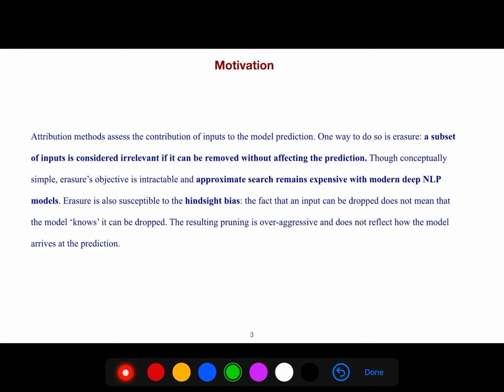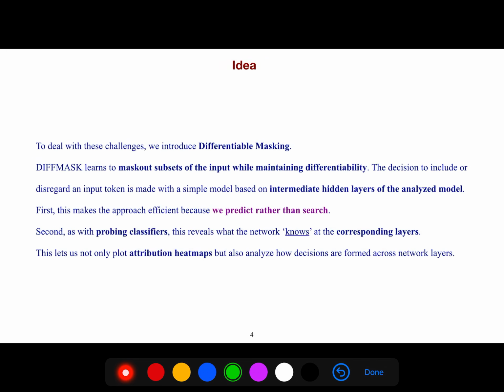Eraser is also susceptible to hindsight bias. The fact that an input can be dropped does not mean that the model knows it can be dropped. The resulting pruning is over-aggressive and does not reflect how the model arrives at the prediction.